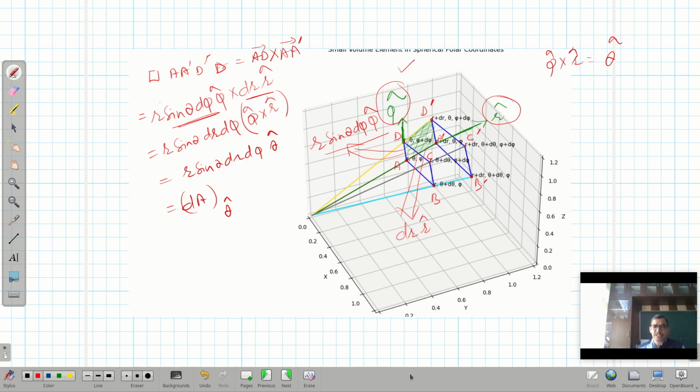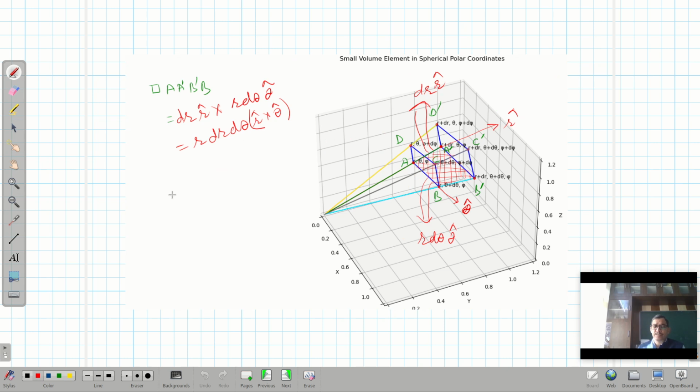And similarly we can go to the next part of it. Again I have oriented it in this way, and if I try to look at it, AB is basically along this theta cap and this is along r cap, as I discussed in the earlier lecture.